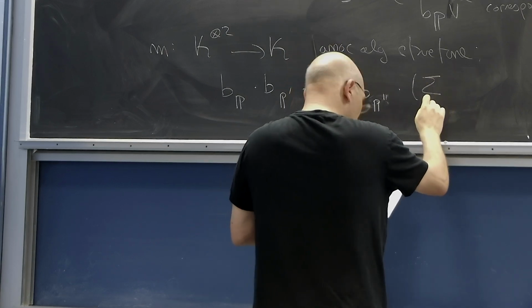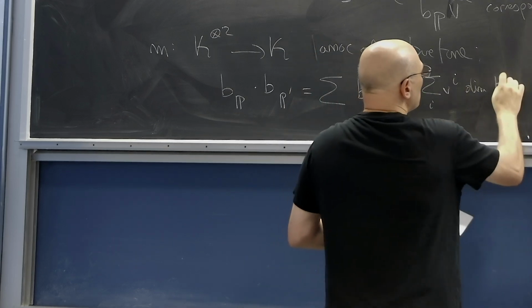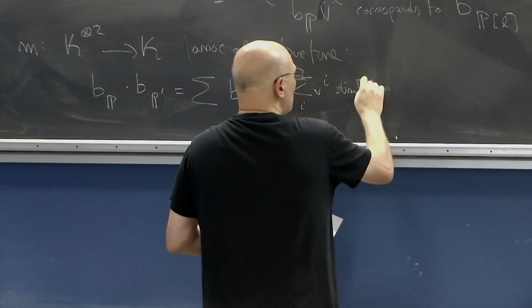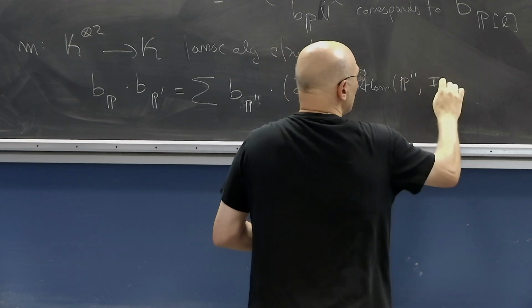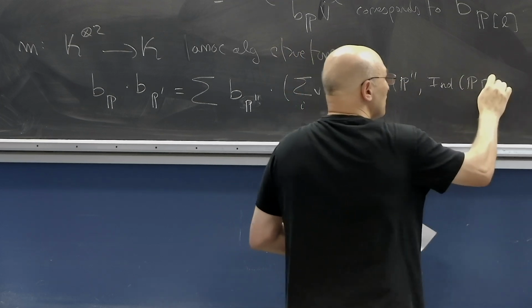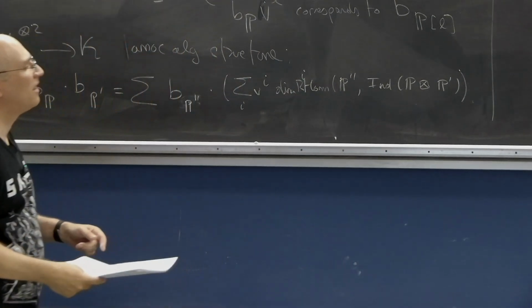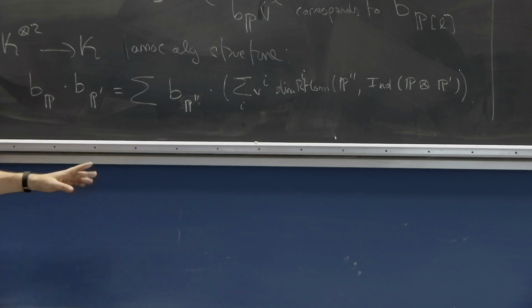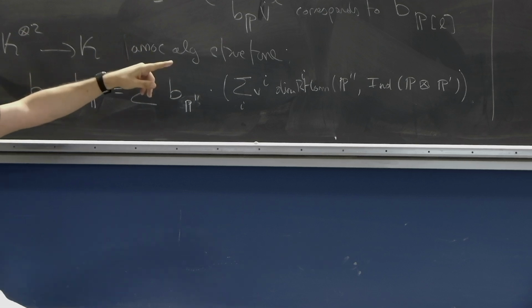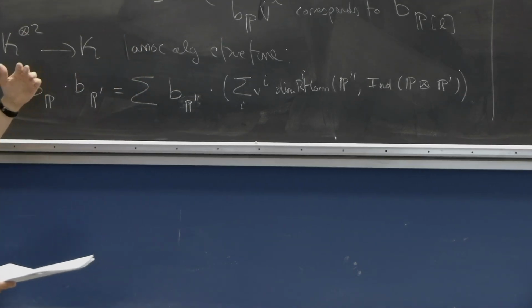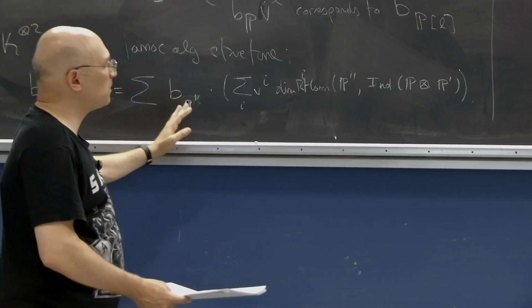Sum of v to the i dimension of Ri hom of P double prime, induction of P prime. Okay. I'm making it look very complicated. It just means that when I have an induction product of two of these perverse sheaves, I can just keep track of the multiplicity and the shift of their induction product and write it in terms of simple perverse sheaves.